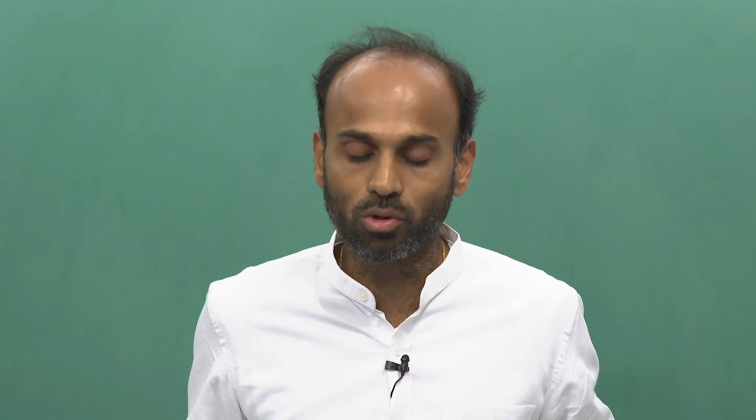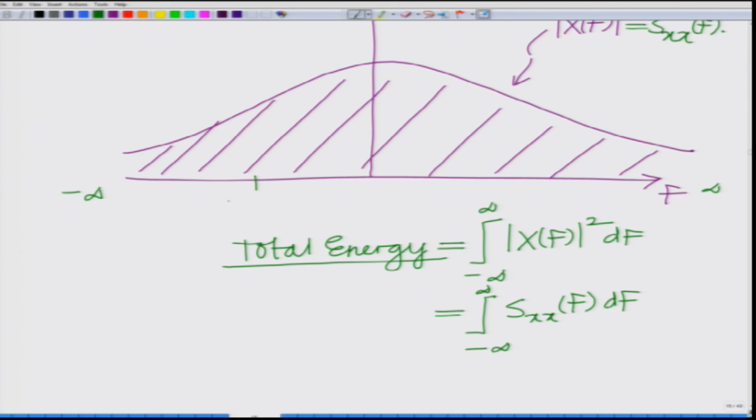So, one can ask the question, what is the energy of the signal contained in this band from minus W to W?